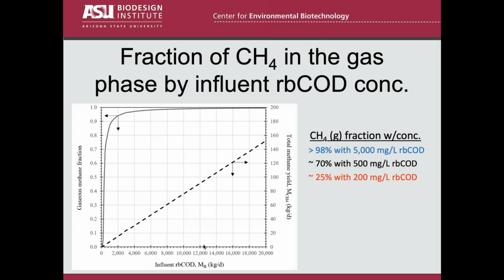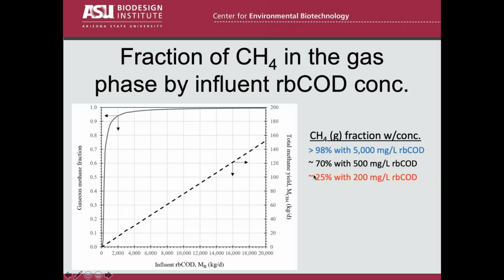What's really interesting is the solid line curve that sort of runs up the left and the top. This is the fraction of the methane that should end up naturally just bubbling out and being in the headspace and collected. And what's not there is in the effluent, leaving in the dissolved effluent or the permeate.